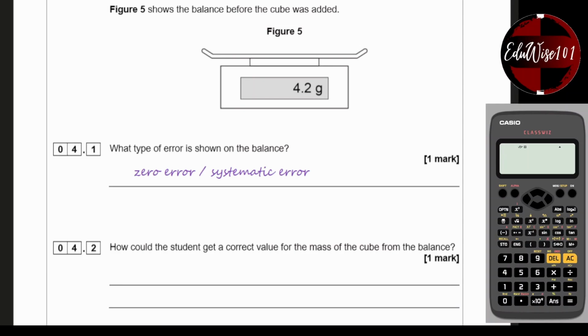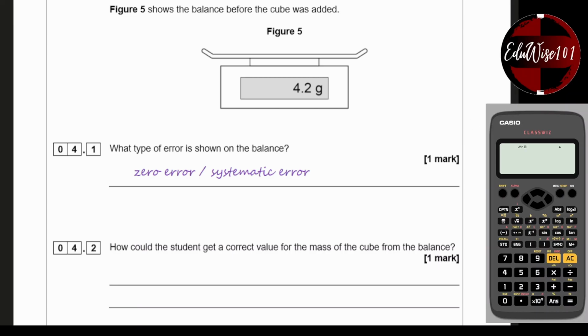How could the student get a correct value for the mass of the cube from the balance? Well, what would you do if you have an error like this? You would press the button to make it 0, right? Or let's say you're measuring the mass of an object and it has to be 10 grams. Instead of 10 grams, with this 4.2, it'll read 14.2 grams.